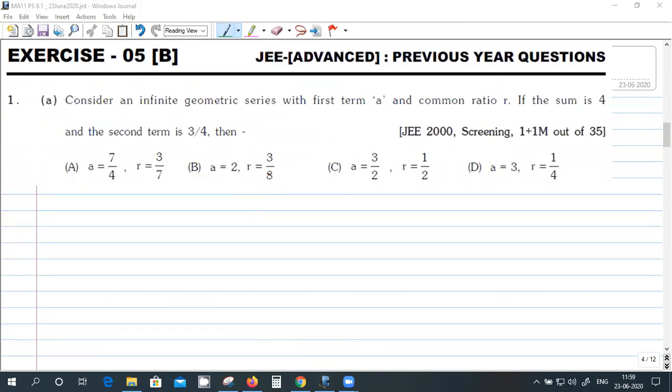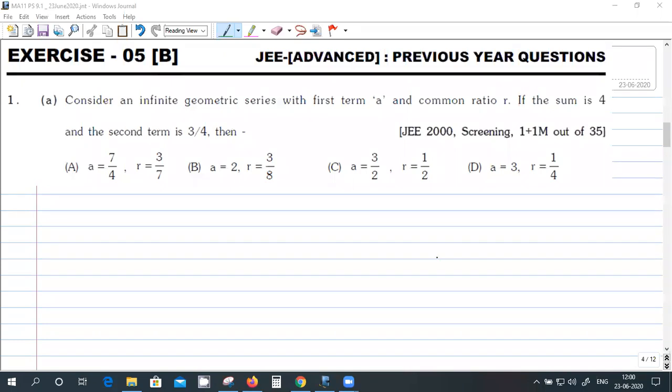If the sum of an infinite geometric series is a finite number, what does that mean? When you add infinite numbers, you'll get infinity, right? But here it's a finite number. So what does that mean?